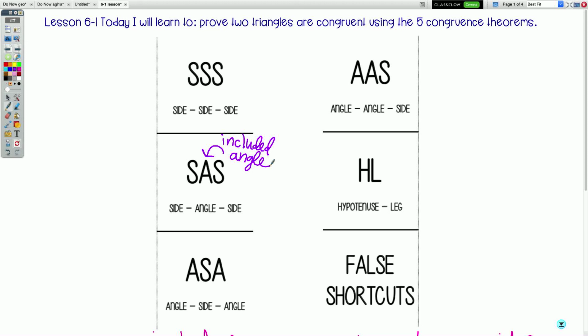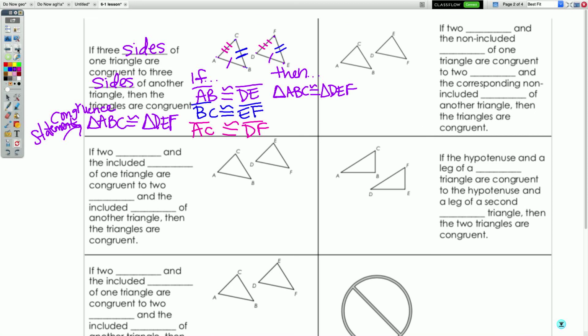And I promise this seems tricky, but it's one of our easier sections once you start practicing it. Alright, so open your tab. I'm going to go ahead and mark the picture for you. So let's fill in the blank here. If 2 sides and the included angle are congruent to two sides and the included angle of another triangle, then we know they're congruent.